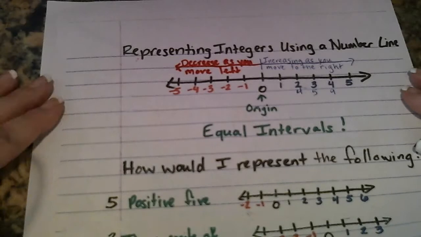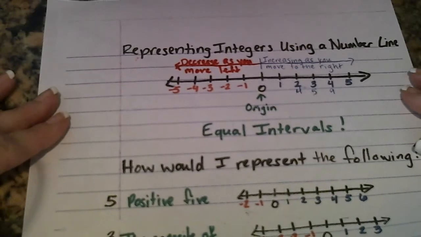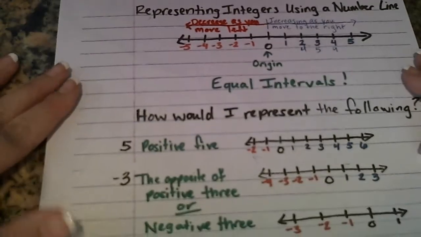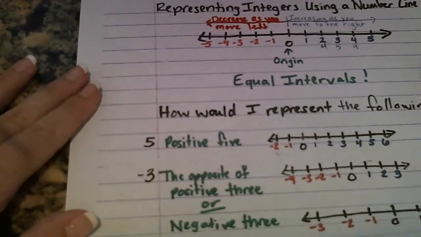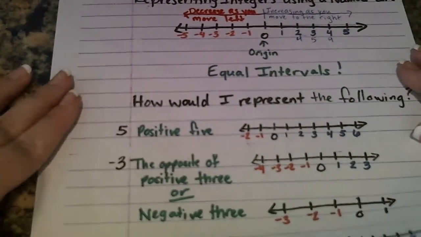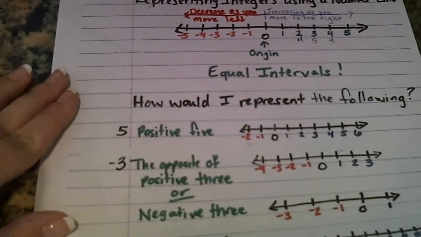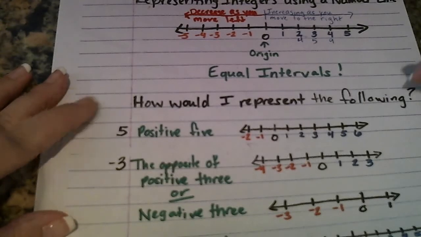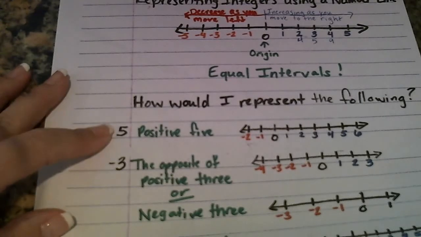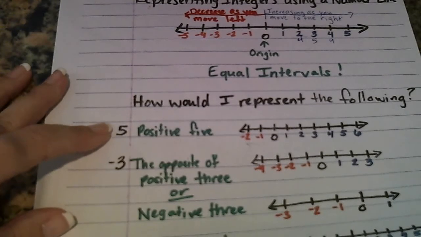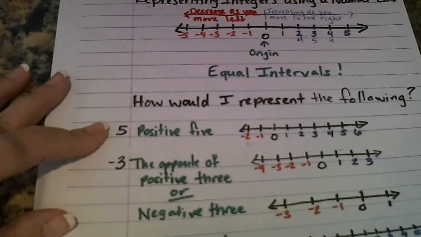Okay, let's look at representing some integers on the number line. Once again, I've gone through and verbally described the integers. If you have any questions on verbal descriptions of integers, there is a video posted, verbal description of integers, and hopefully that'll clear up some of your questions. For my first integer, I'm looking at representing positive 5 on a number line. So I've pre-drawn my number line.